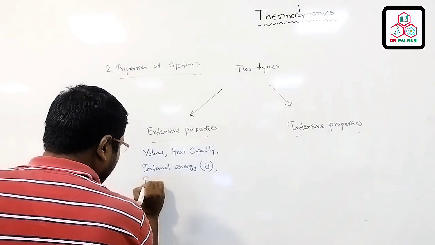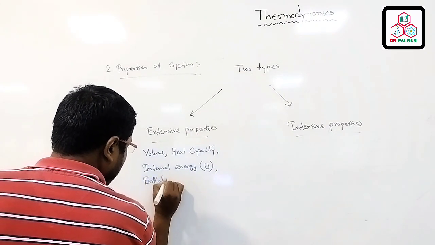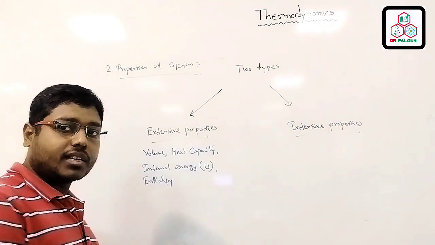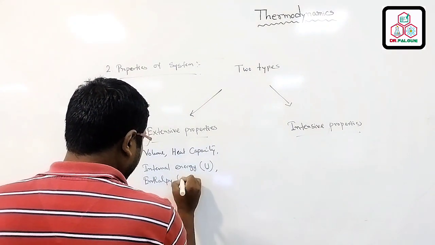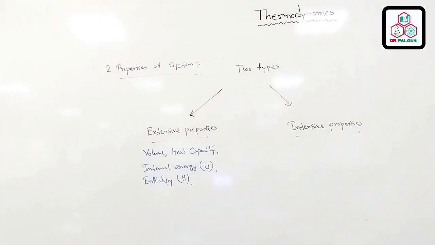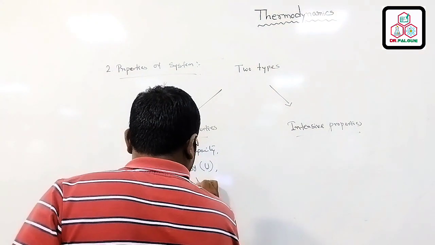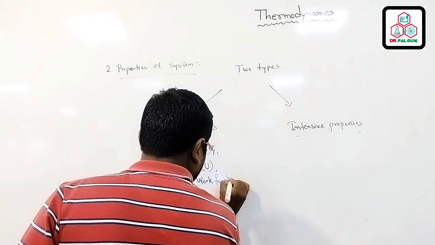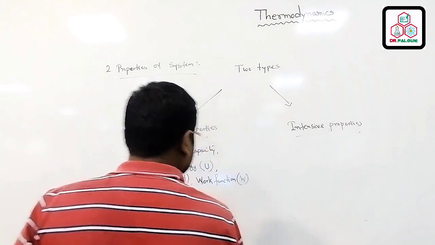Then enthalpy. Enthalpy is a thermodynamical property. I will discuss later what is enthalpy. It is denoted by capital H. Then work function, also the extensive property.